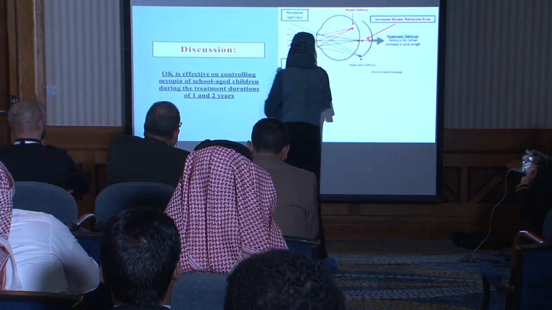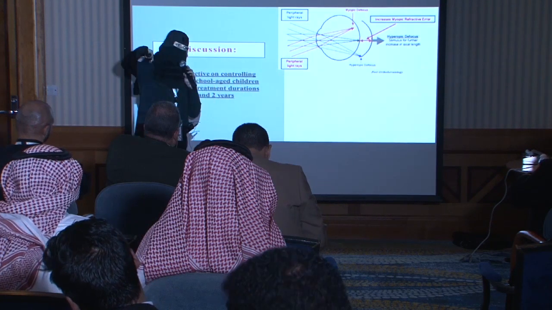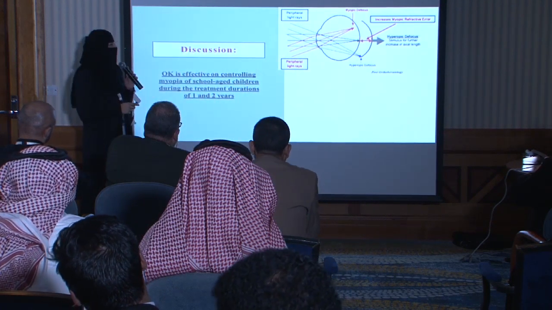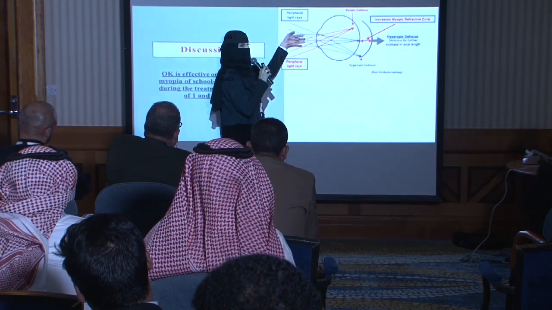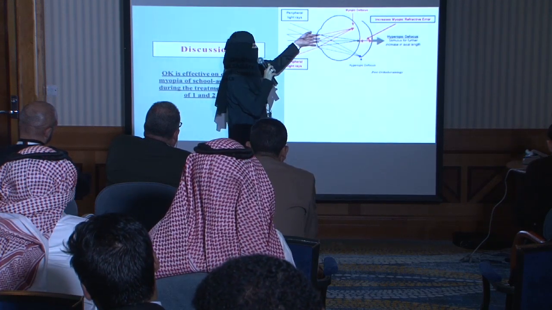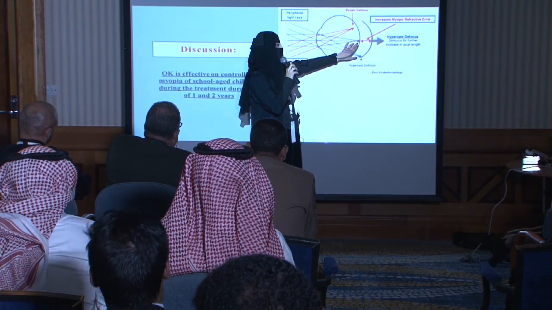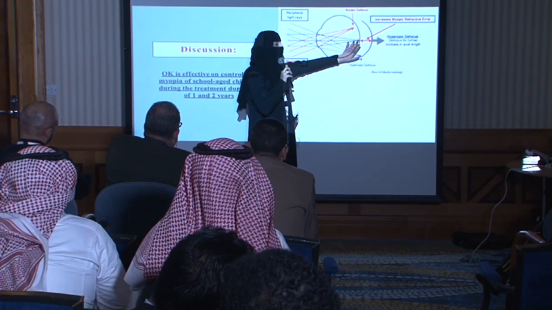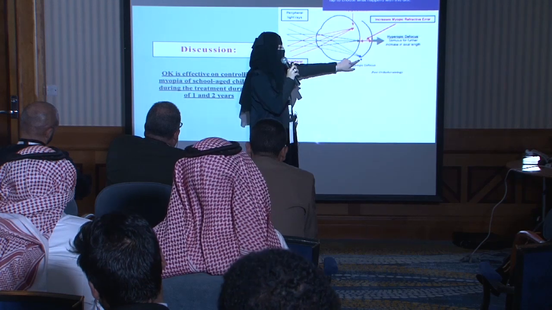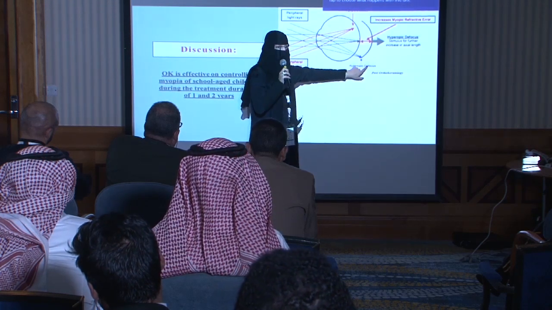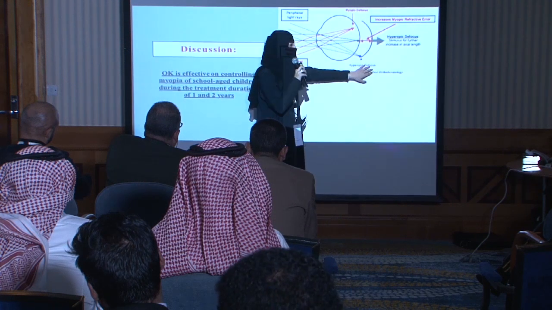I think other colleagues have explained this idea, but let me start with some definitions. When parallel rays come through the cornea and the image falls on the retina, we call this focus. But when the image falls behind the retina, we call this defocus. So this is hyperopic defocus.